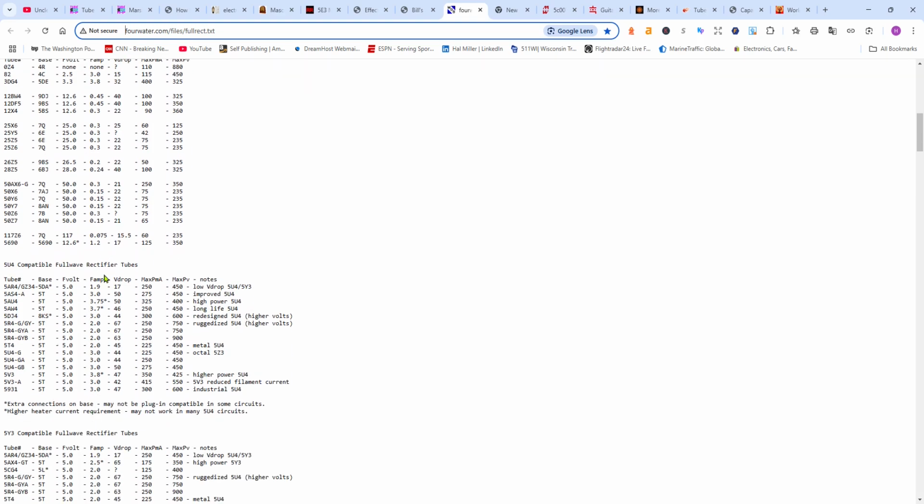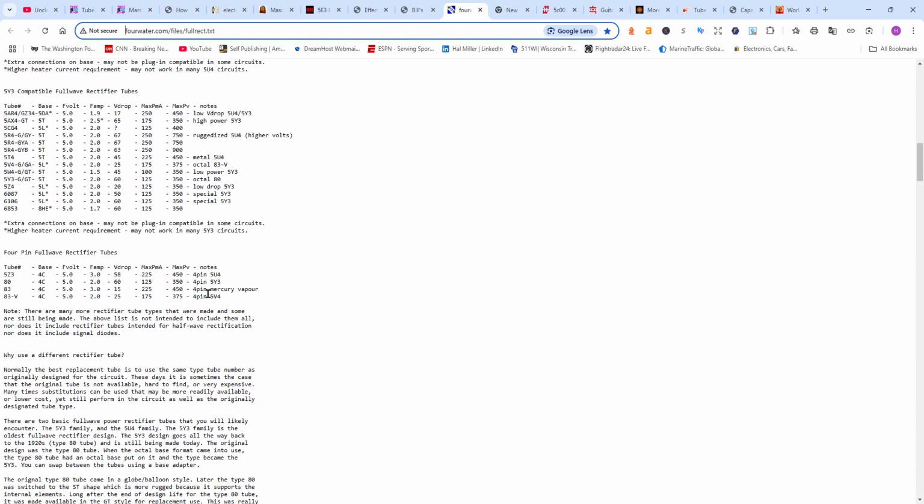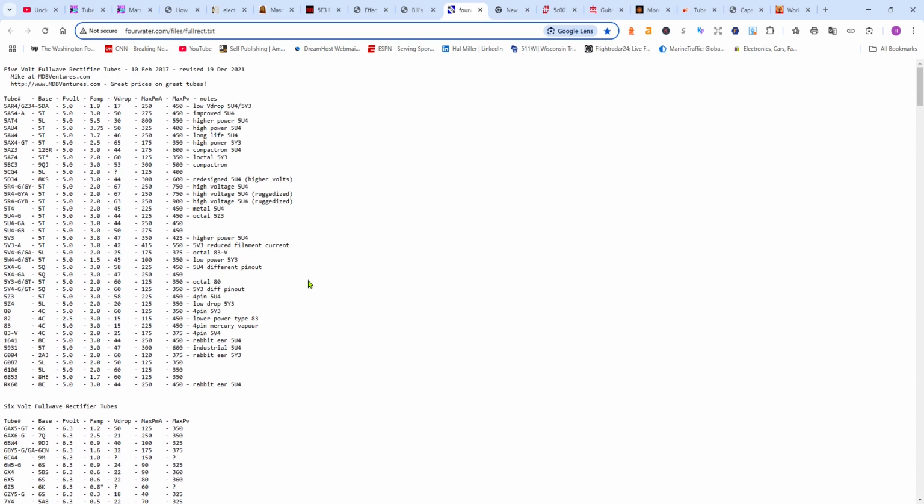But you also have 5U4 compatible tubes, 5Y3 tubes that are compatible, at least pin compatible and sort of electrically compatible, and old stuff, type 83s, 80s, 5Z3s.